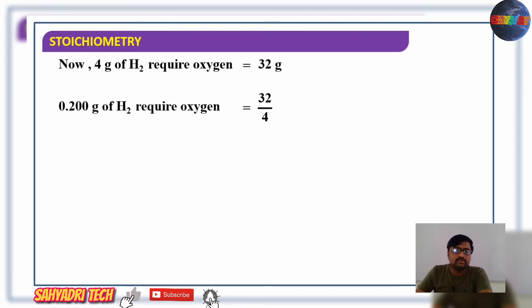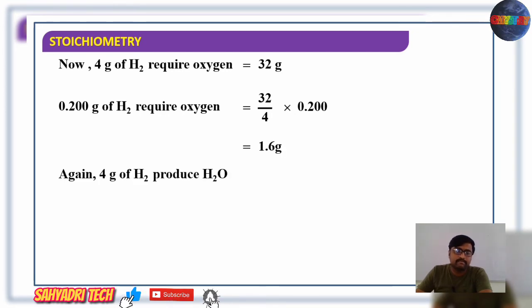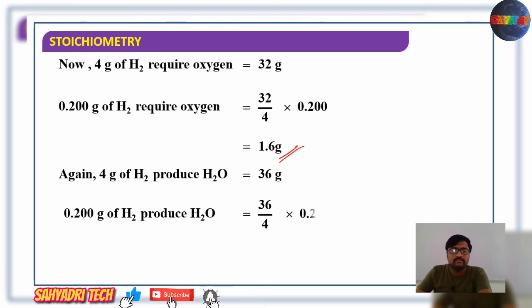So 32 divided by 4 into 0.2. If you simplify, 1.6 gram. Water is not asked here. So what is the answer? 1.6 gram of oxygen. Even for water, if you consider, 4 gram of hydrogen produces how much water?